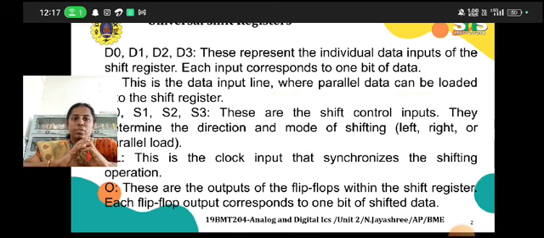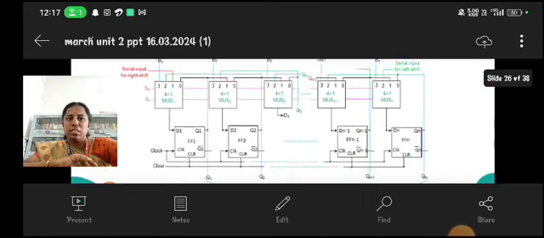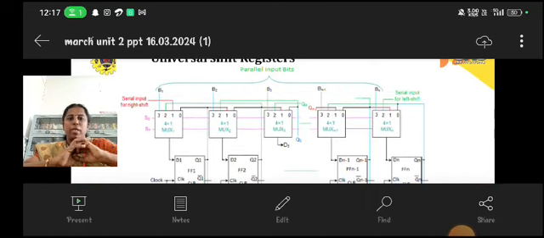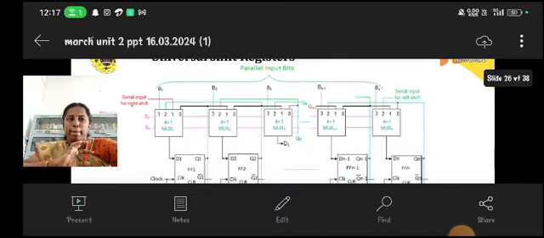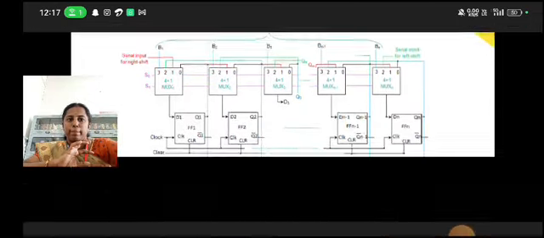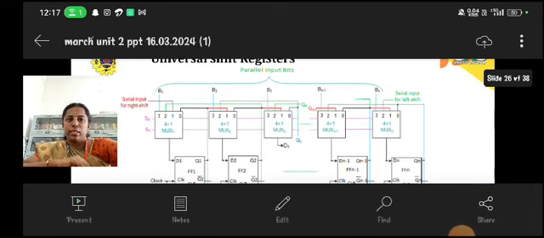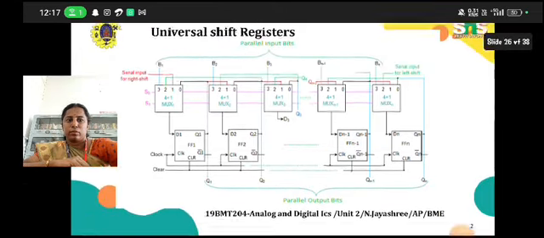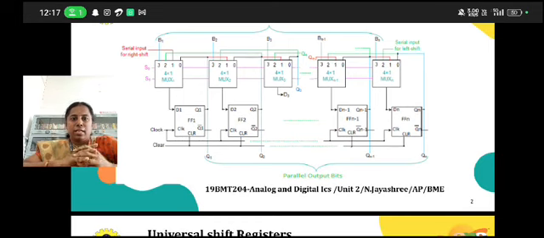Let us summarize the universal shift register block diagram. It performs four operations: serial in serial out, serial in parallel out, parallel in parallel out, and parallel in serial out.